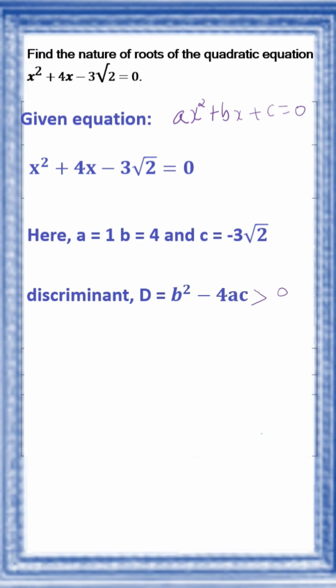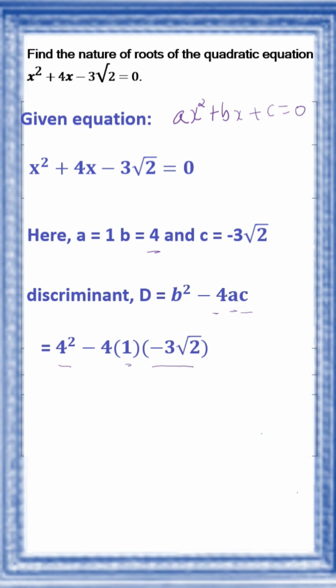Okay, now let us see what the discriminant is here. Now let us substitute the values. b is 4, so 4 square, minus 4 into a which is 1, into c which is negative of 3 root 2.